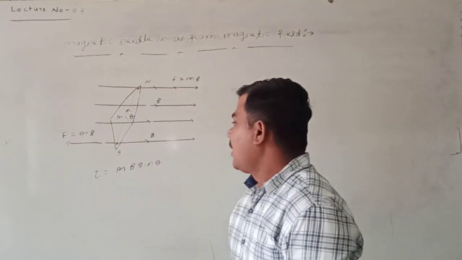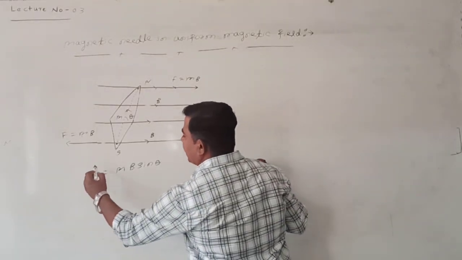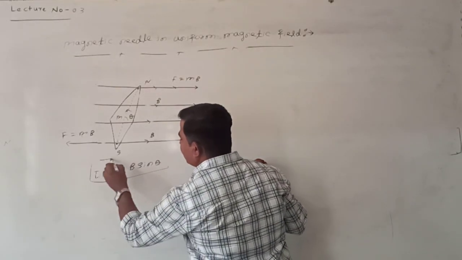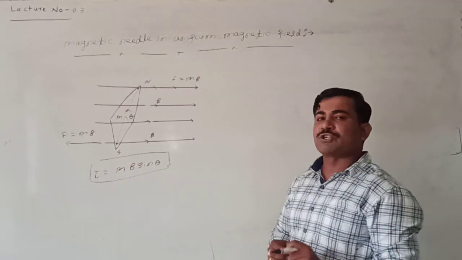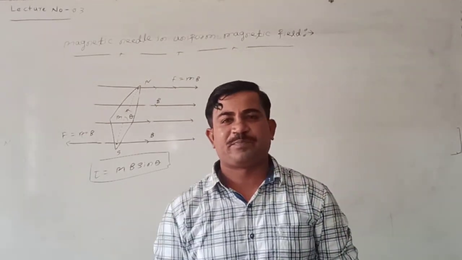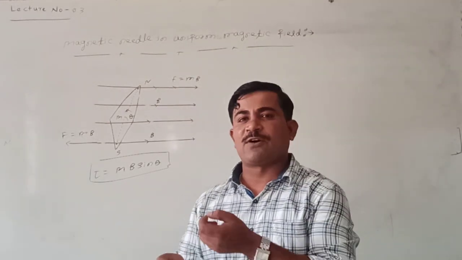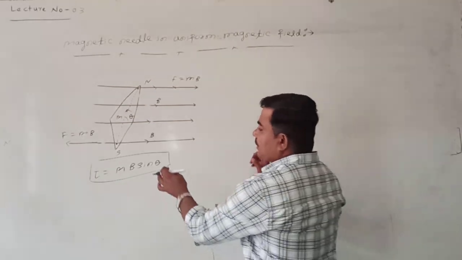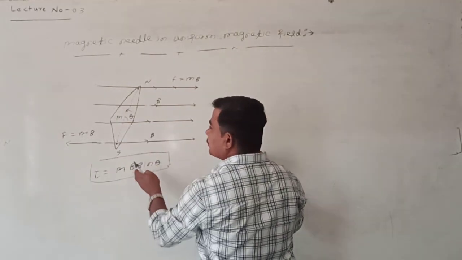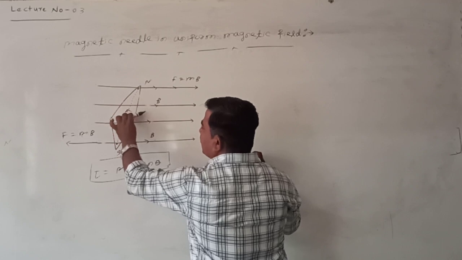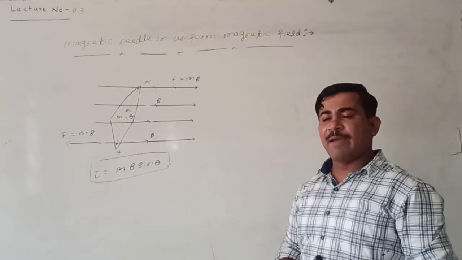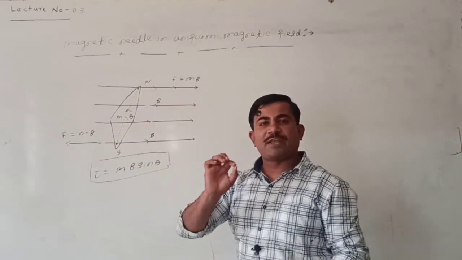Look at me. When torque is acting on the magnetic needle, that torque tau is equal to m cross B, that is mB sin theta, and this torque we call the restoring torque. Due to this restoring torque, the needle tries to rotate with a small angle. I mean the oscillation must be with a very, very small angle.